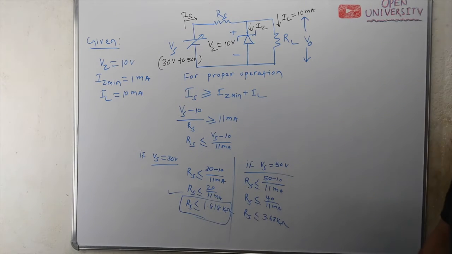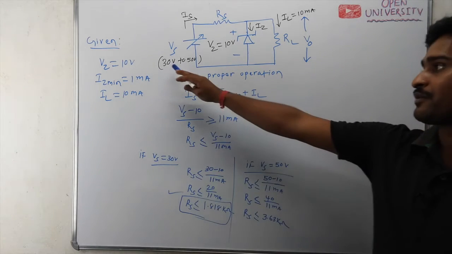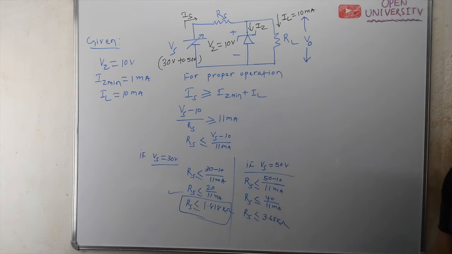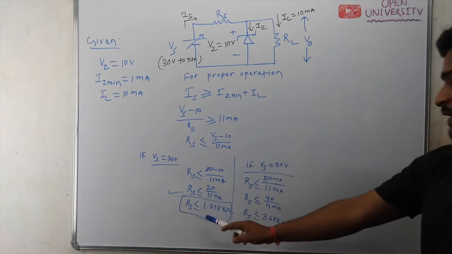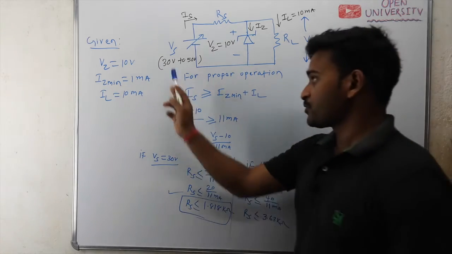So whenever it is asked to find out what should be the maximum value of RS, you need to consider the minimum supply voltage, okay. You should not consider the maximum supply voltage 50 volt.